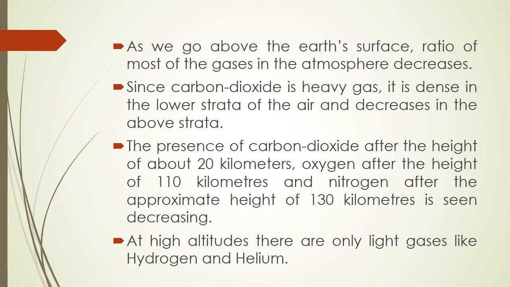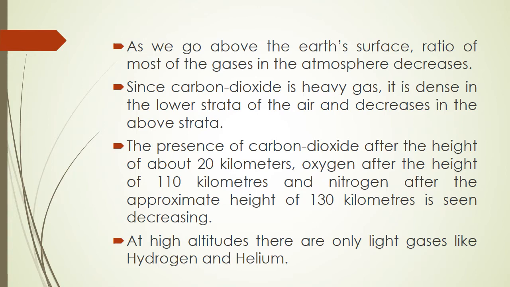Since carbon dioxide is heavy gas, it is dense in the lower strata of the air and decreases in the above strata. Strata means section, or you can keep in mind layer. Carbon dioxide is a heavy gas, so it is thicker, it is dense in the lower strata.